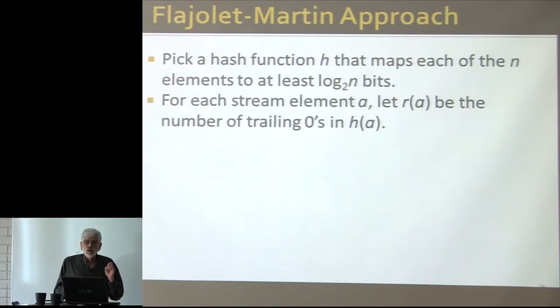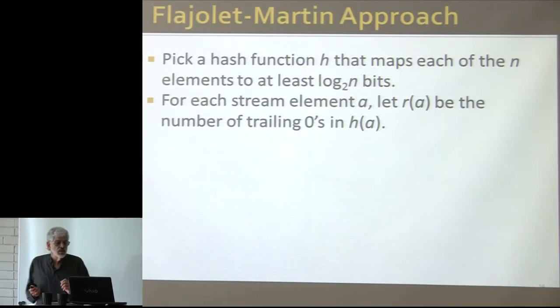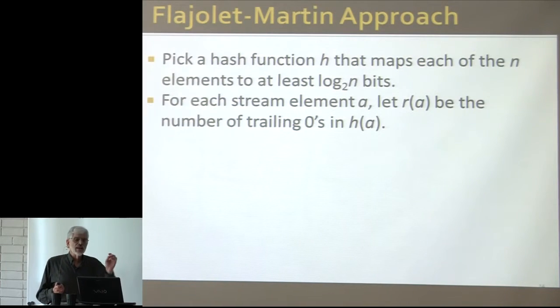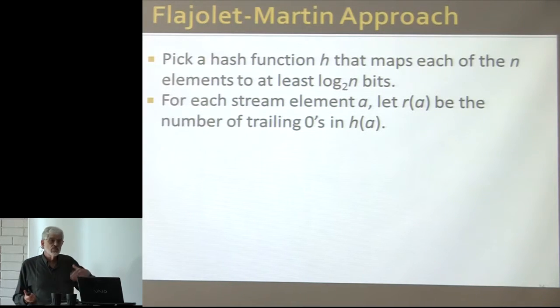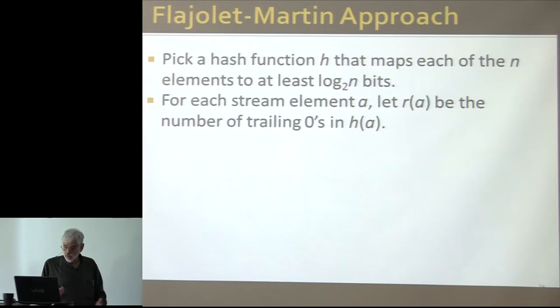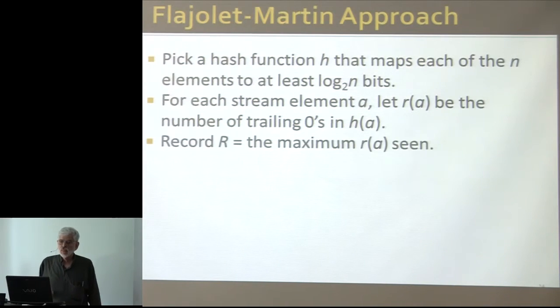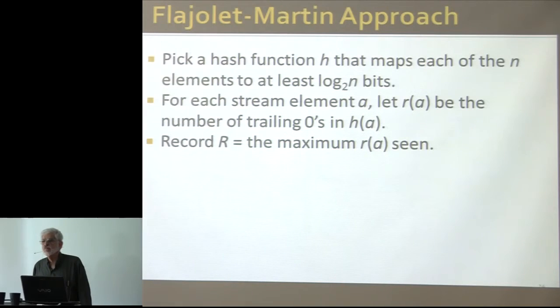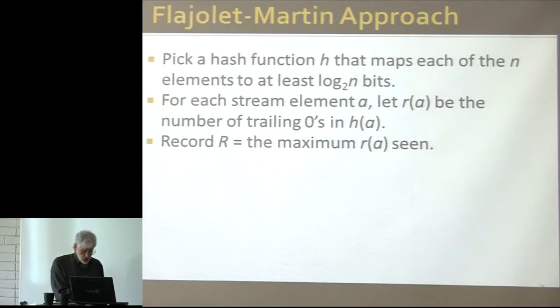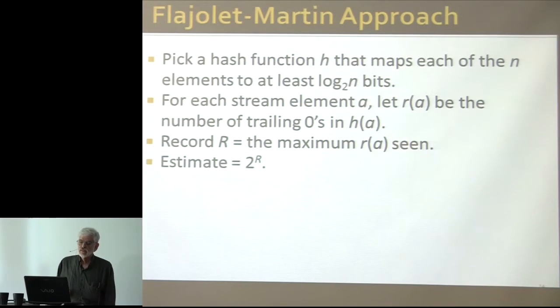Let R of A be the number of zeros at the end of the bit string h of A. Assuming that h gives you a random bit string, for half of them R of A is 0, for another quarter R of A is 1, for an eighth R of A will be 2, and so on. Now I'm going to record the maximum R that I've actually seen, and my estimate based on this hash function will be 2 to the R.